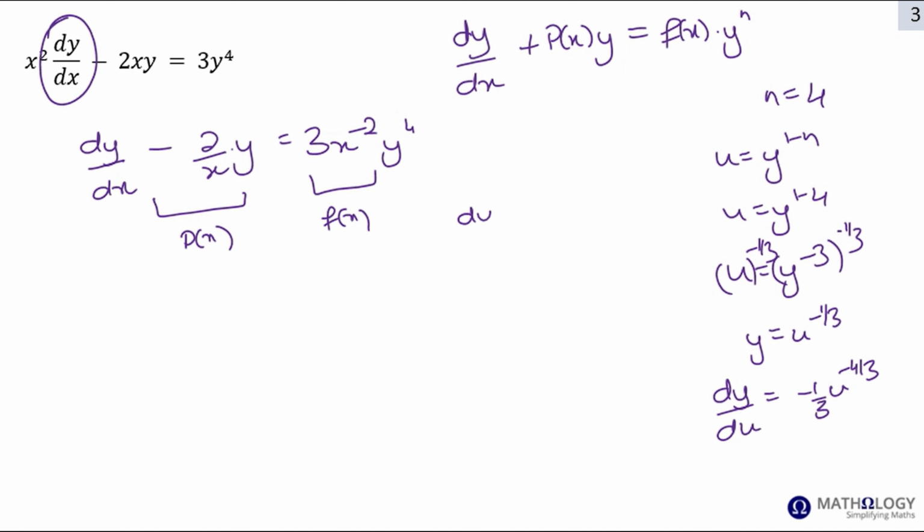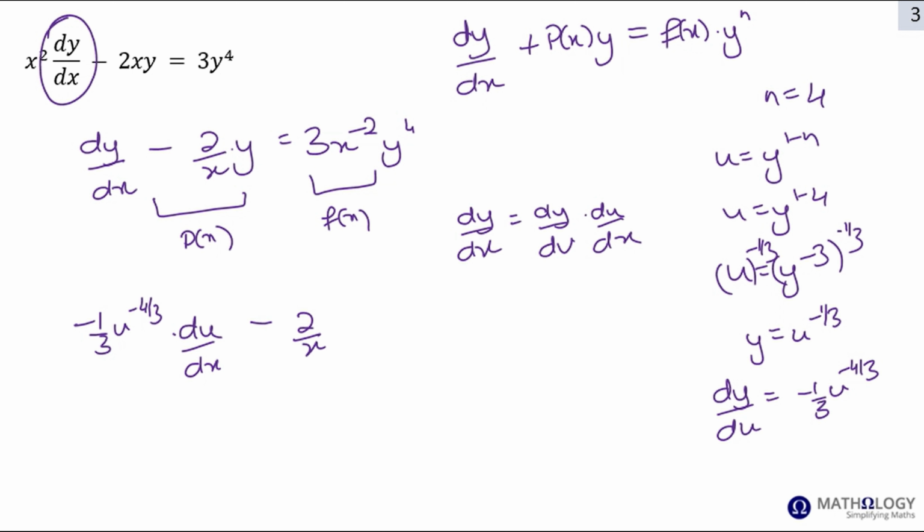dy/dx, using the chain rule, equals dy/du times du/dx. So therefore, dy/dx will be minus a third u to the minus 4/3 times du/dx, minus 2 over x times y. Y is u to the minus a third, and that equals 3x to the minus 2 times y to the 4.